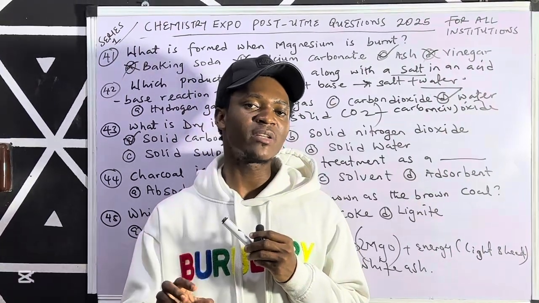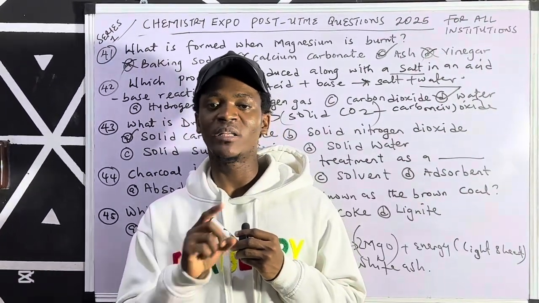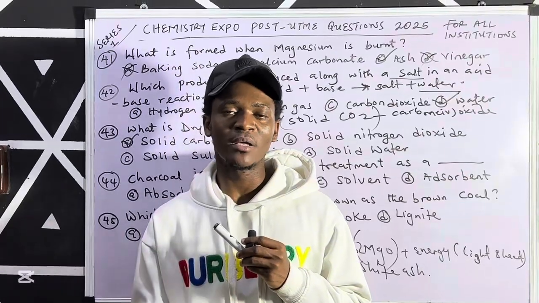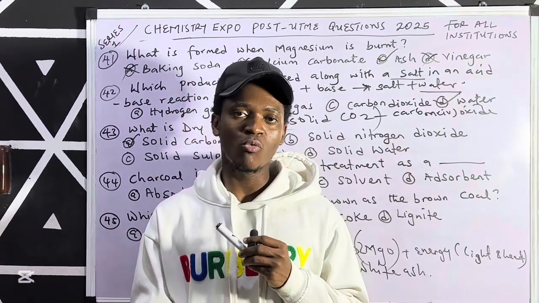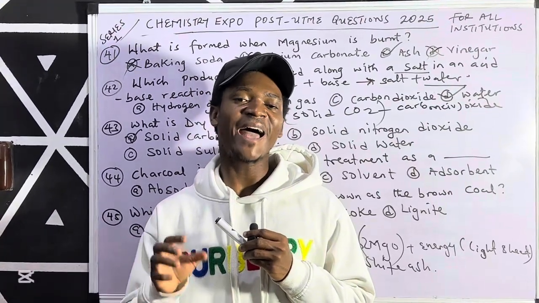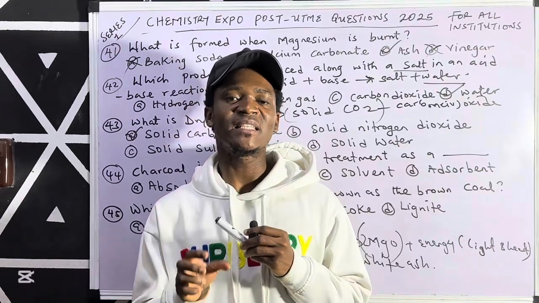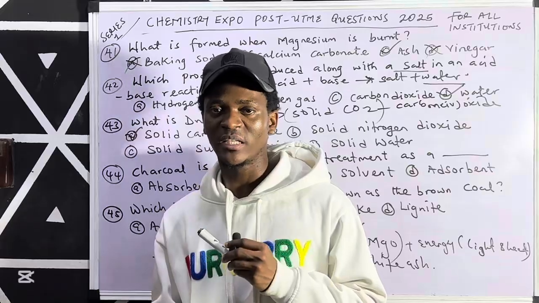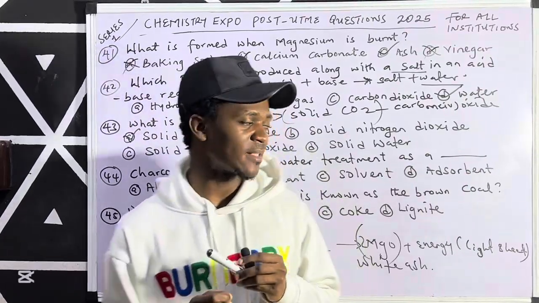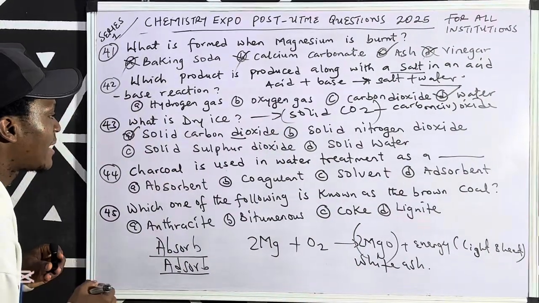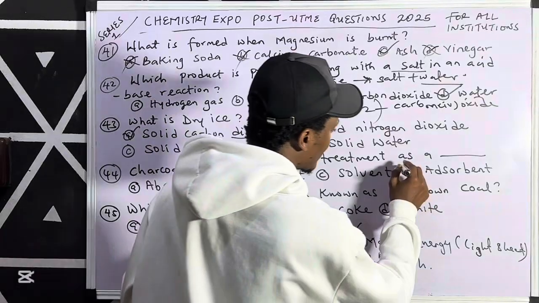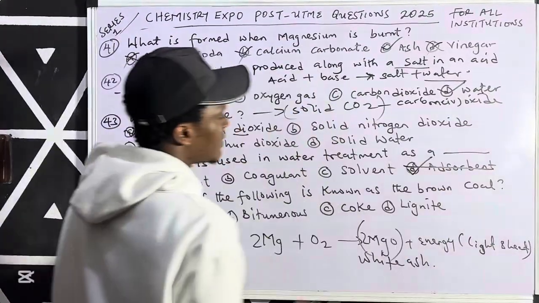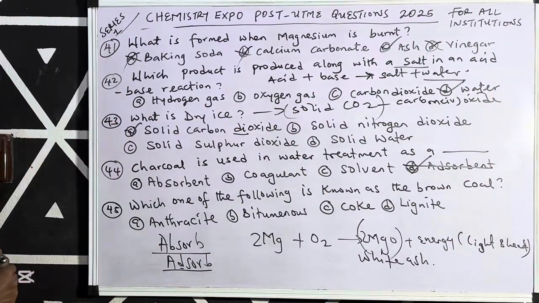Then to penetrate or to go in is the one with the B, which is absorb. So activated charcoal would be functioning as an adsorbent because it tends to trap. It does not allow penetration, it only traps. Alright, so it functions as an adsorbent. So this is the correct answer, adsorbent.